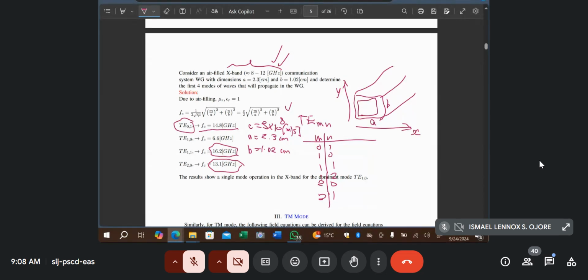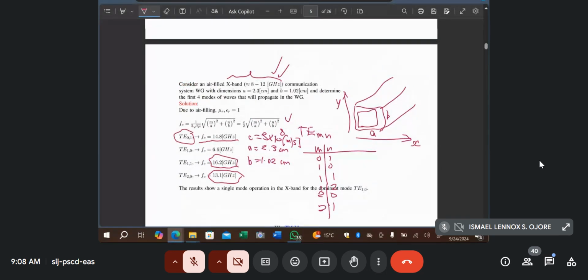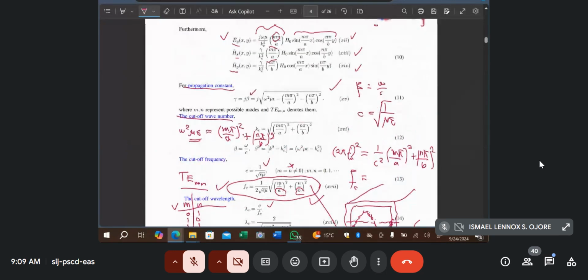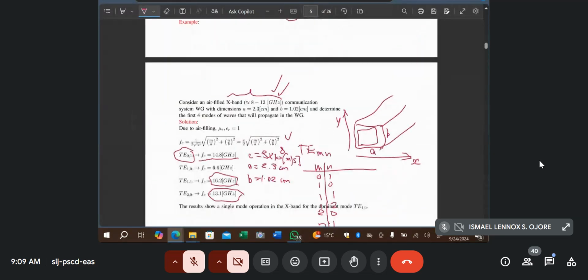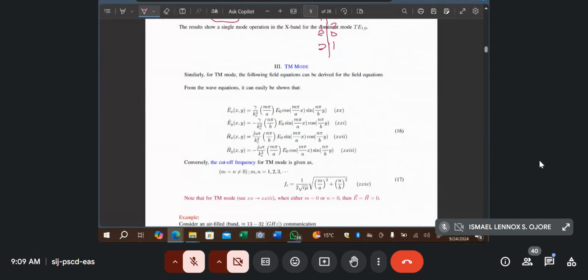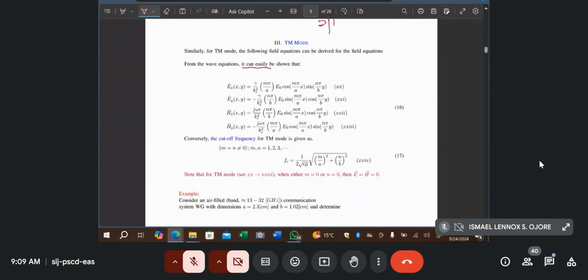We can also look at the equations, because that was TE. Remember, we didn't derive them. We said you can show that you obtain these equations here, just to illustrate. The same way we can show for TM, the transverse magnetic mode, meaning Hz is equal to 0, that Ex, Ey, Hx, and Hy can be written in this form.